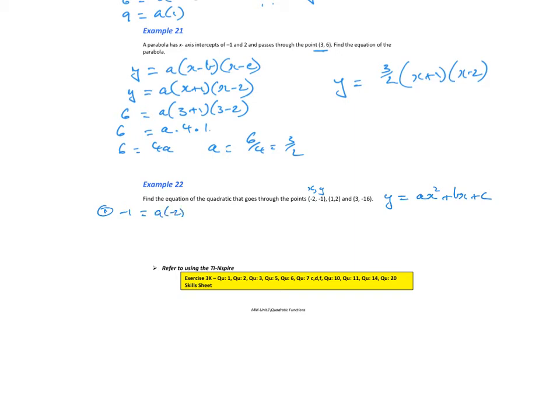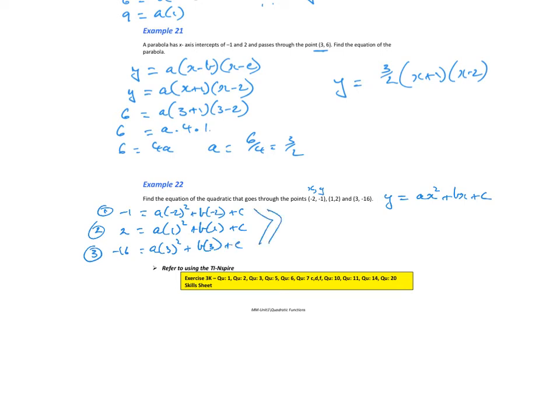So a(-2) squared plus b times (-2) plus c. Make sure you put the values in brackets. So equation 2, we substitute the second point. So y is 2, x is 1, a plus b times 1 plus c. Equation 3, got the point (3, -16), a times 3 squared plus b times 3 plus c.